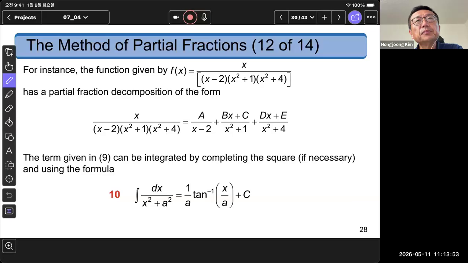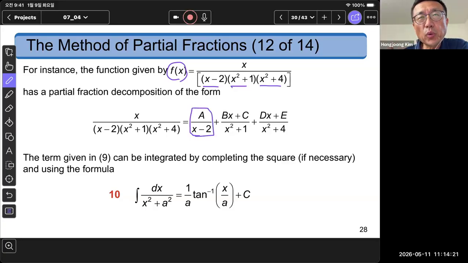So for example, suppose that I have this rational function f defined by x over x minus 2, a linear factor, times x squared plus 1 and x squared plus 4. In that case, x minus 2, the linear factor, will introduce, as in case 1, some number over x minus 2.